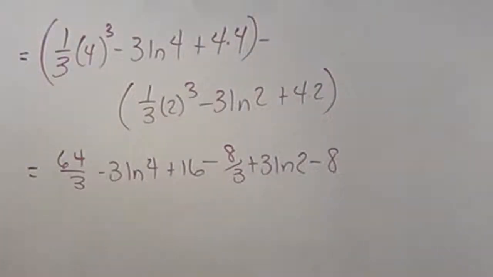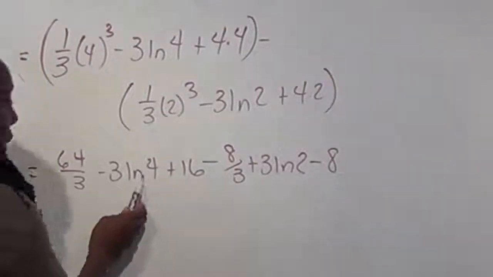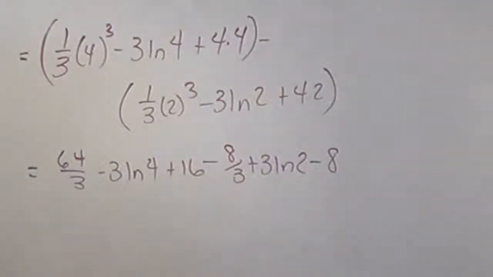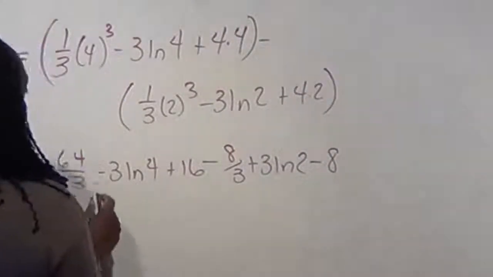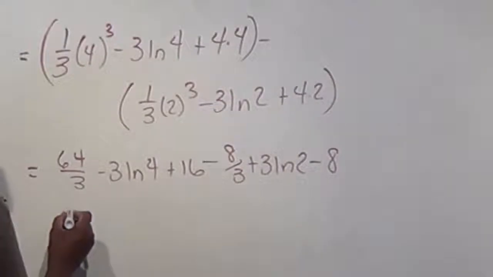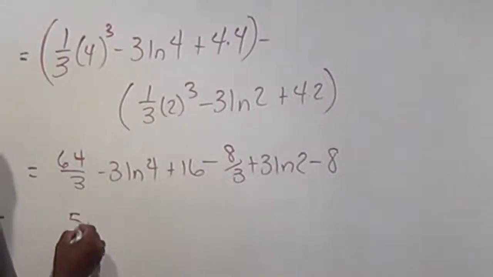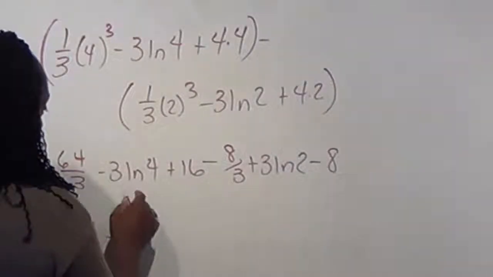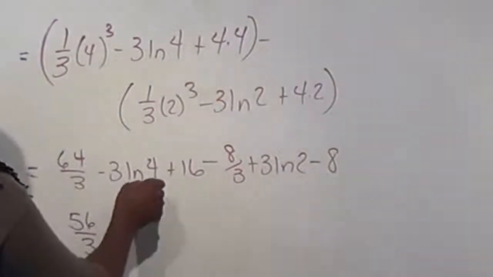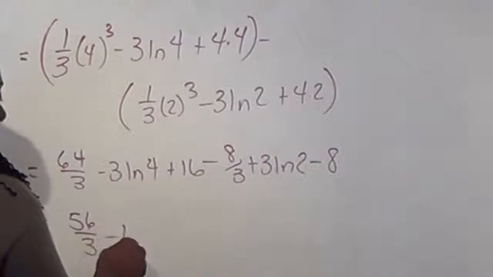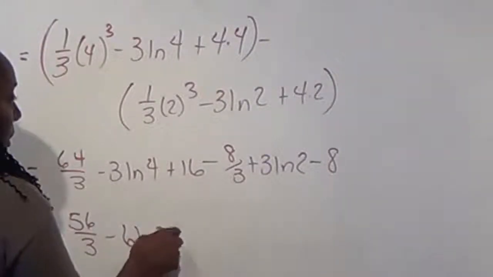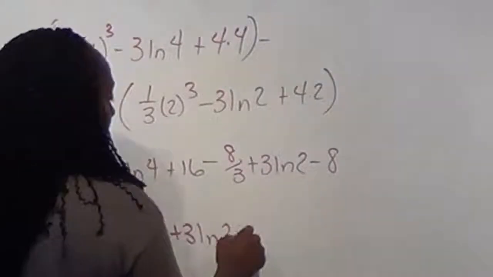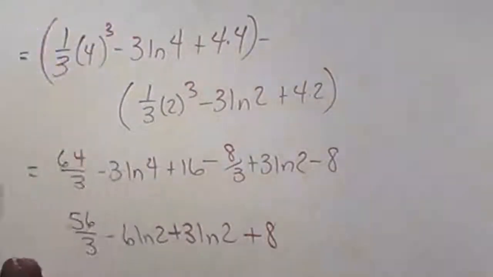And combining some terms here, for the logarithms, notice ln of 4 and ln of 2, I can get common arguments there. 64 minus 8 looks like 56 over 3. Again, here I can rewrite this. 4 I can think of as 2 squared, so that's minus 6 ln of 2 plus a 3 ln of 2, and then the 16 minus 8 plus 8.